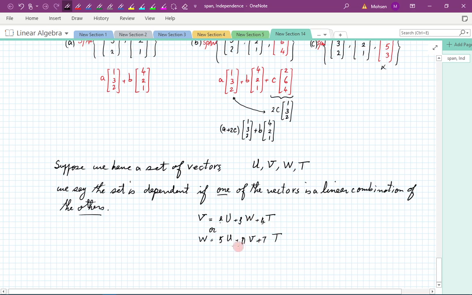Whatever coefficient shows up depends on the problem that you have in front of you. But if any of these vectors is a linear combination of the rest of them, then you call the whole collection a dependent collection.